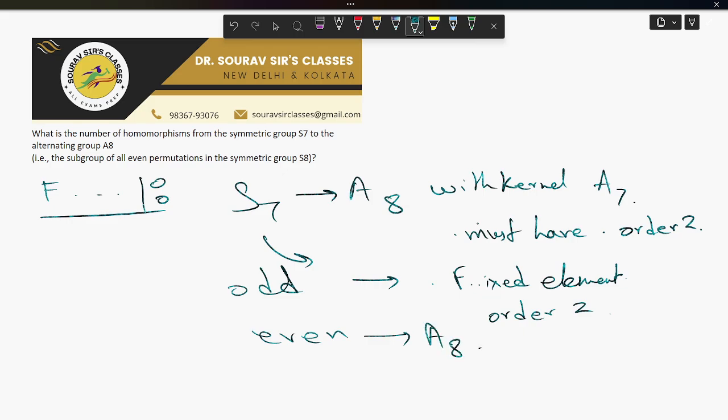As such, it remains to count how many elements of order 2 there are in A8.